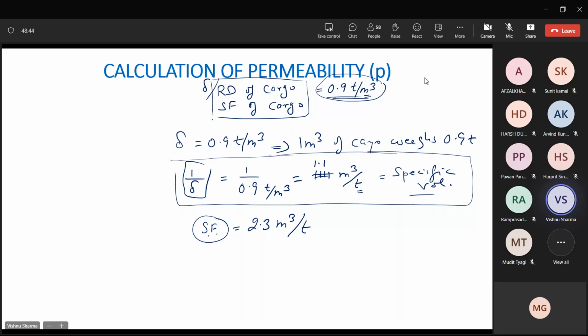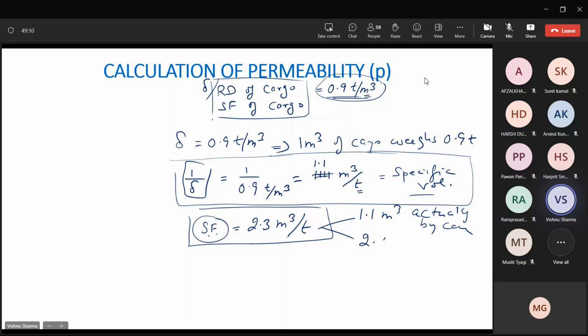Then you have the side frames and the battens. So there is something called broken stowage, which you already know. When it is placed on the ship, it ends up occupying 2.3 cubic meters per ton. Out of this 2.3 cubic meters per ton, 1.1 cubic meter is actually occupied by cargo.